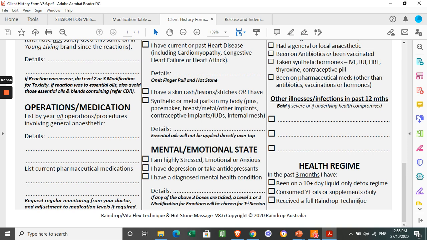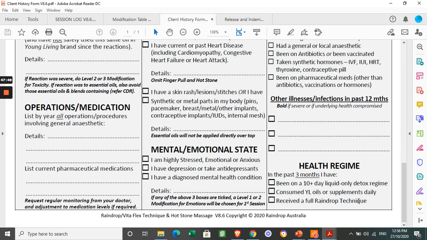For any of the modalities, whether it be hot stone massage, raindrop technique or VitaFlex technique, if your client ticks one of these 3 things, we need further details about it.